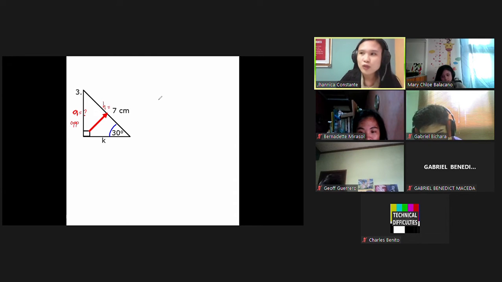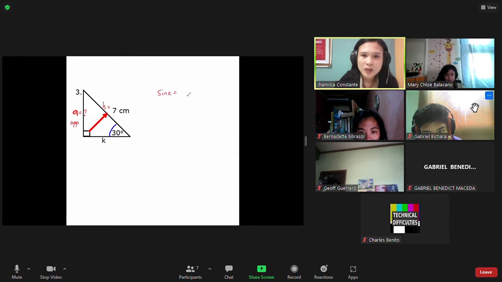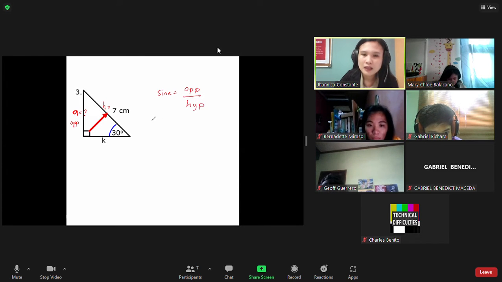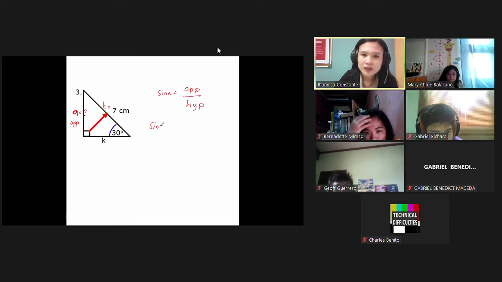So we're going to use the sine trigonometric function, since we have opposite over hypotenuse. So sine 30 degrees equals to the opposite, which is A, divided by our hypotenuse, which is 7 centimeter.